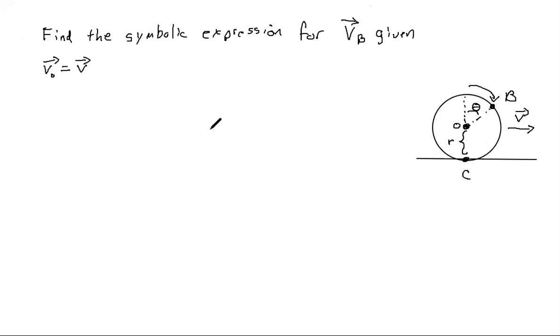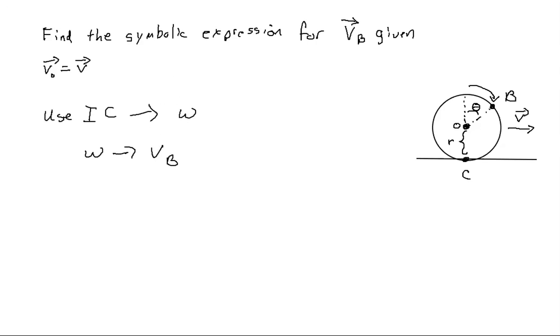Our answer will be expressed in terms of R, theta, and the magnitude of V. We're going to use an instantaneous center of motion analysis, and from that, we're going to find omega. Then once we know omega, we're going to use that to find the velocity of point B.